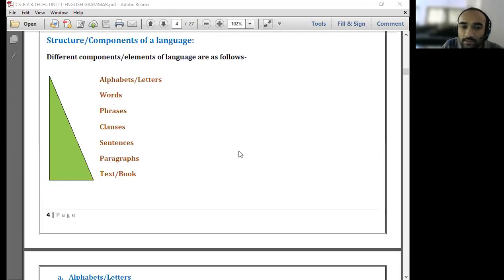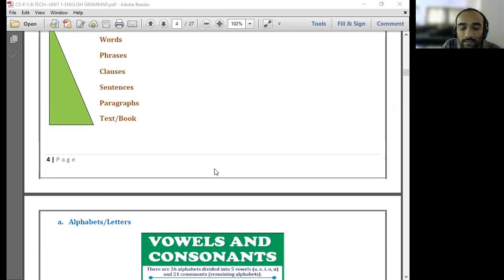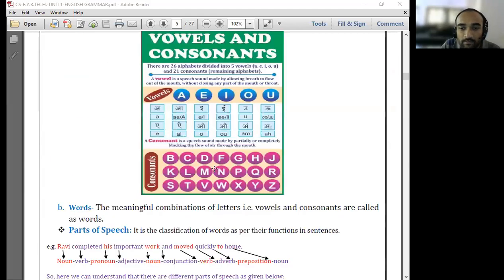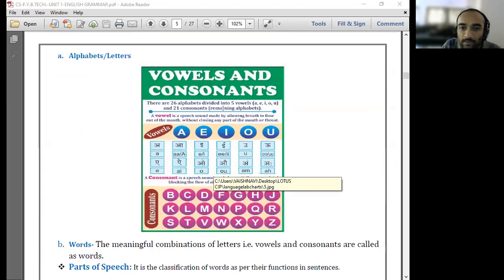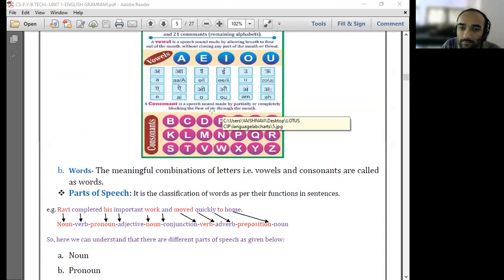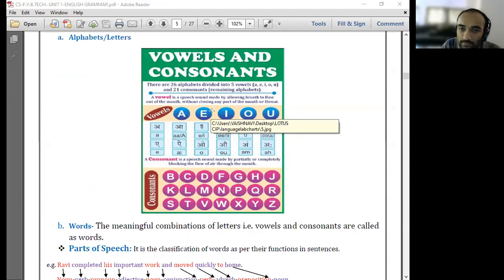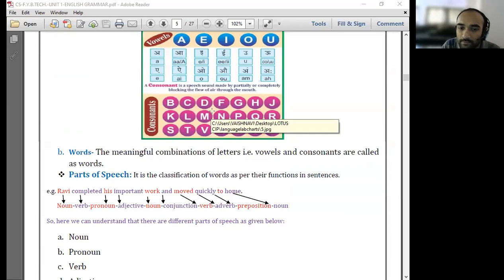So textbook is the largest unit of the language, and alphabets or letters, or we can say sounds, are the smallest unit of the language. We have seen consonants and vowels also. Okay, and different types, different sounds, that is consonant sounds and vowel sounds.